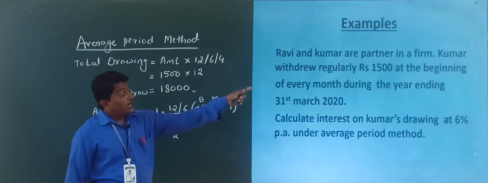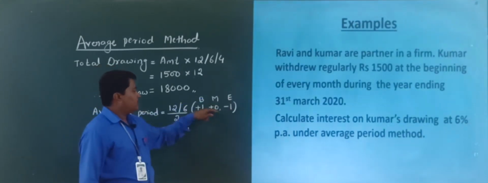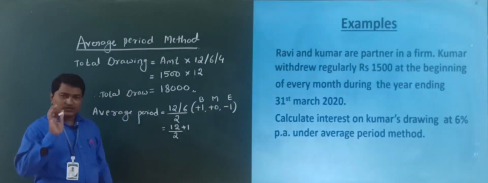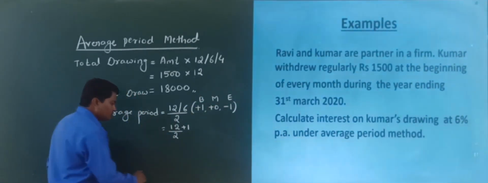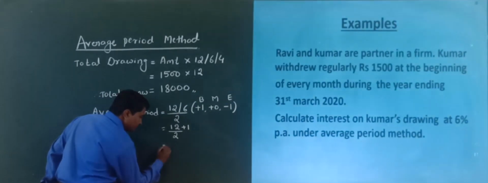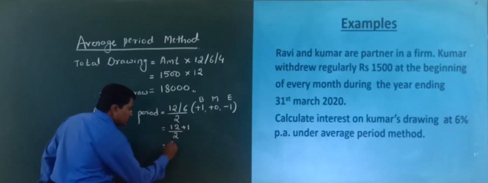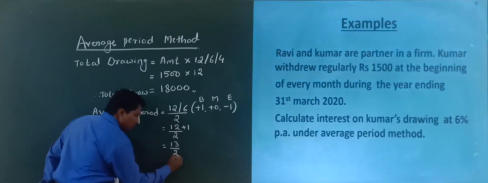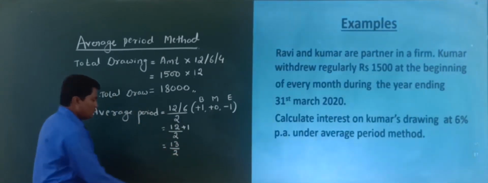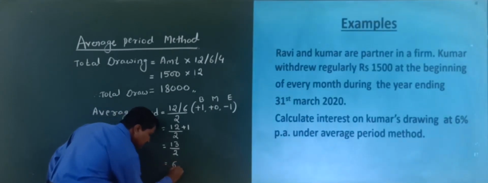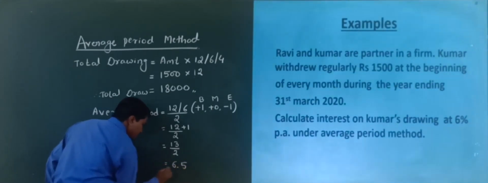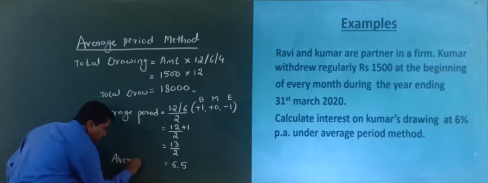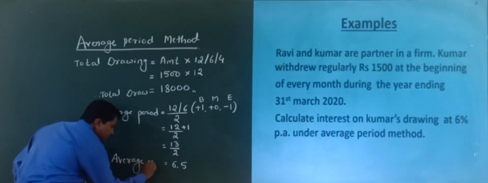Understood? Yes. Now here 12 plus 1, 13 divided by 2. What is the answer? 6.5. So this is the average period.